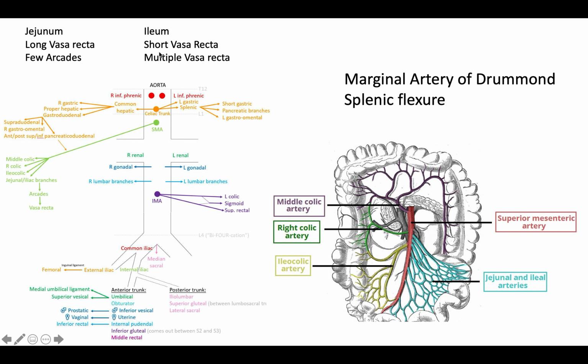I'm sorry, I forgot to change that up here, but you'll have a ton of arcades, these big honeycomb things just on top of the vasa recta. So short vasa recta for the ileum, but many honeycombed arcades. That's how you're able to discern it. I don't expect on the lab practical, I think they'll make it abundantly obvious which one's which, whenever you're looking at it.